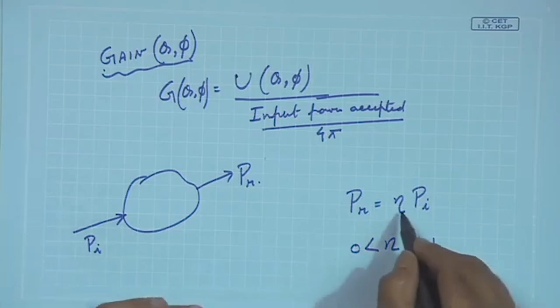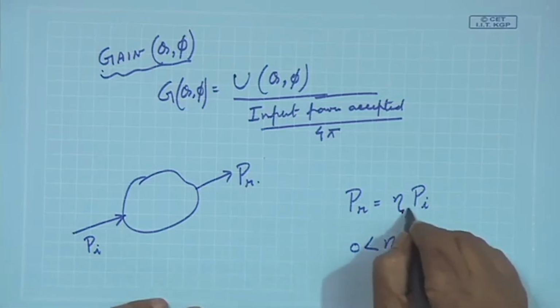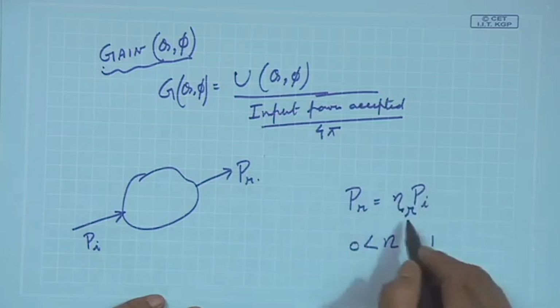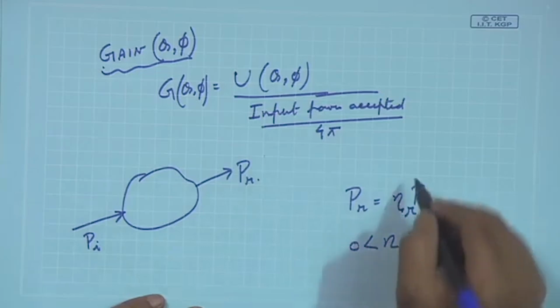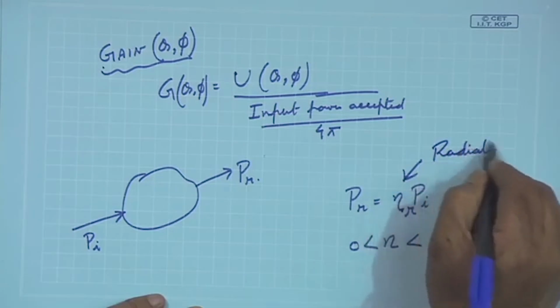Sometimes we write it as eta r. Do not confuse it with the intrinsic impedance; it is called the radiation efficiency.